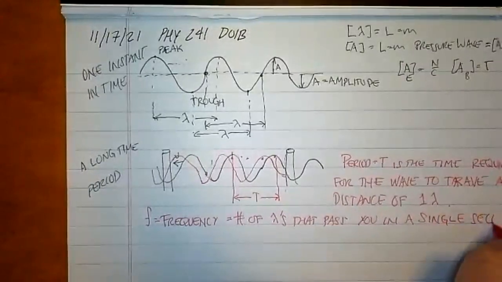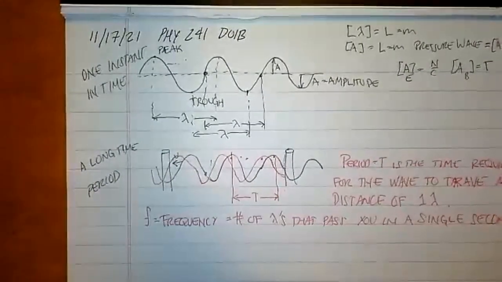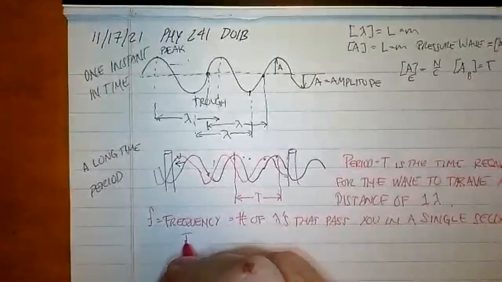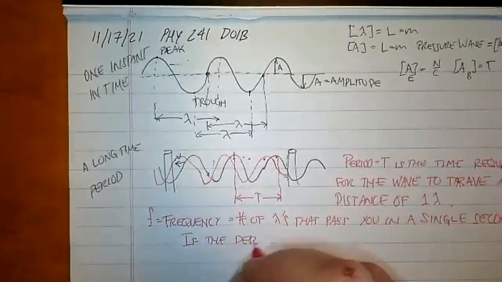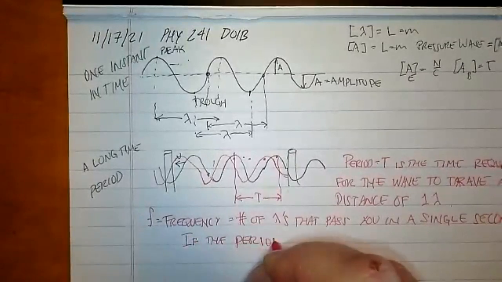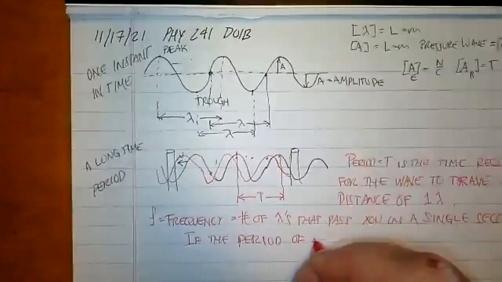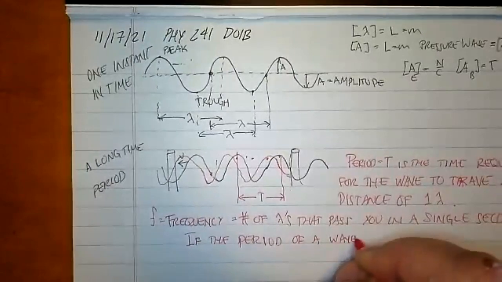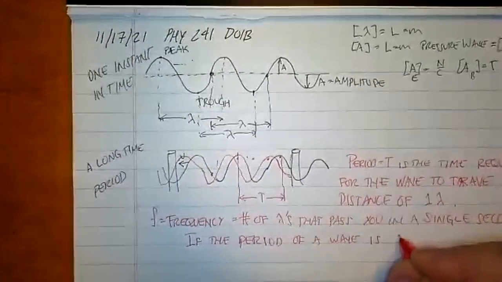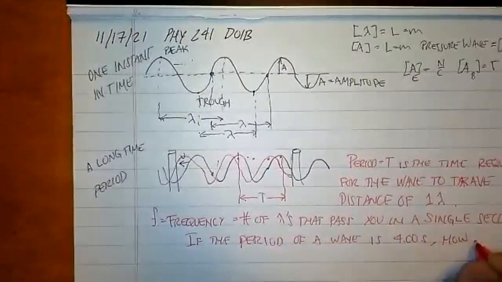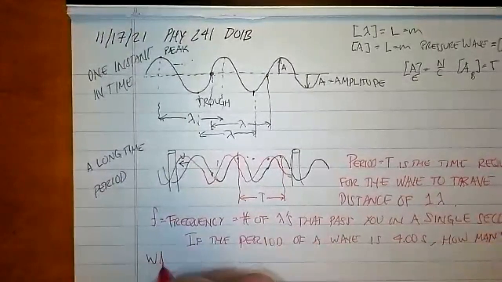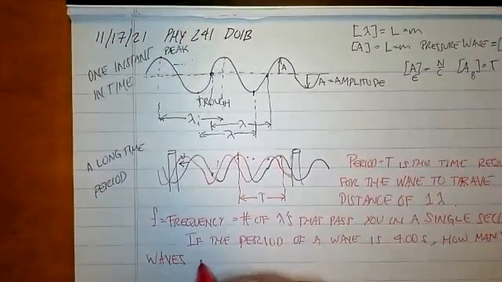So let me ask you a seemingly somewhat difficult question. If the period of a wave is 4.00 seconds, how many waves pass you in a single second?